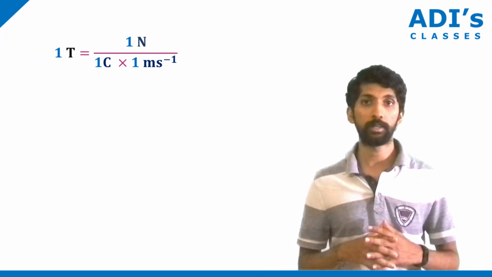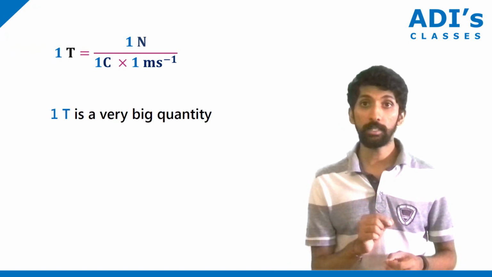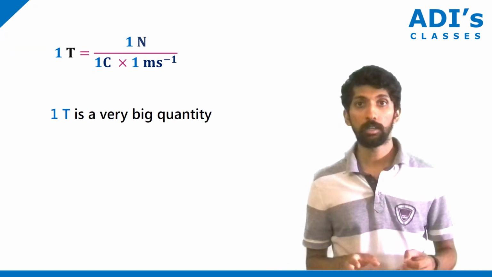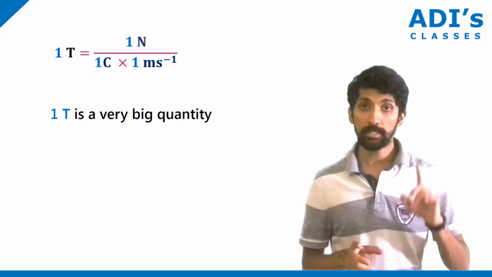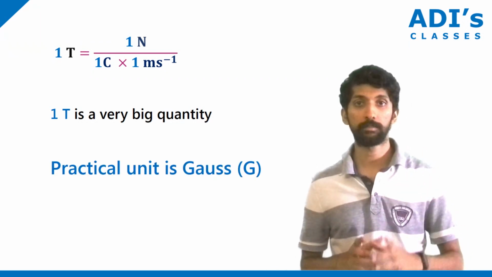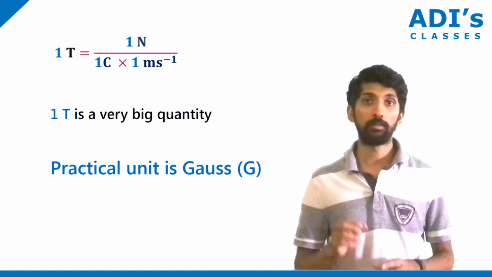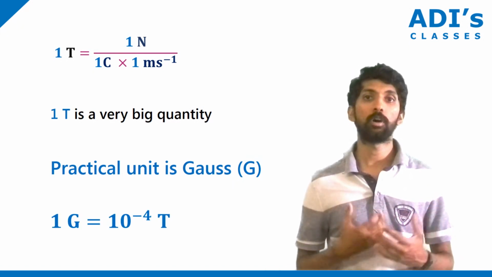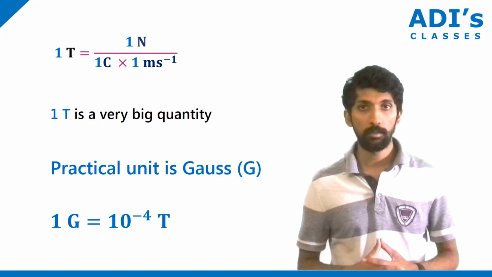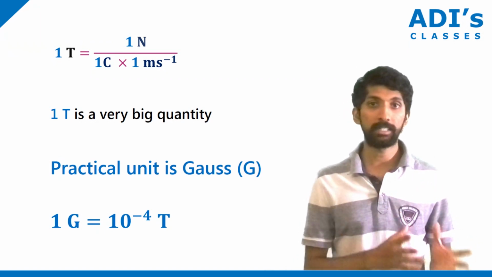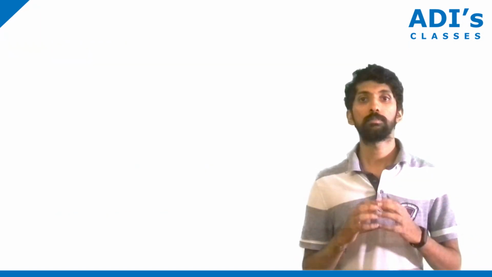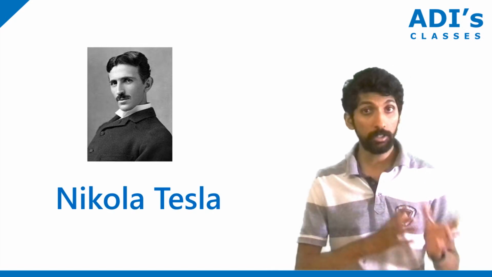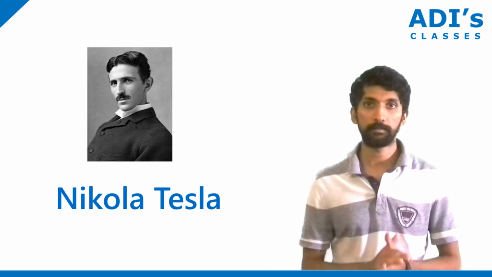So the practical unit is Gauss. 1 Gauss is 10 to the power of minus 4 Tesla. Now why do we use Tesla? In order to honor the scientist Nikola Tesla, because he has done a lot for the magnetism and electricity field. So because of that, we have named the SI unit of magnetic field as Tesla.